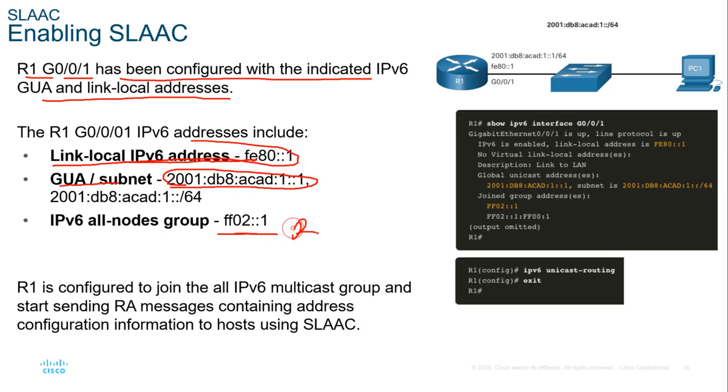Every time the router wants to communicate to all computers on that network, it has to use this multicast address. So when you're dealing with IPv6, do not forget to use this command, ipv6 unicast-routing, to enable the forwarding of IPv6 packets.